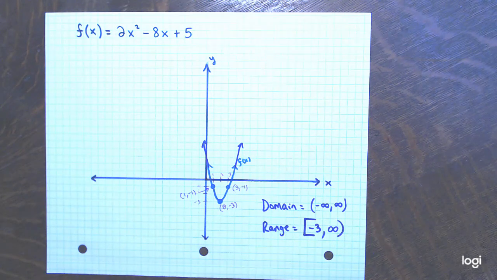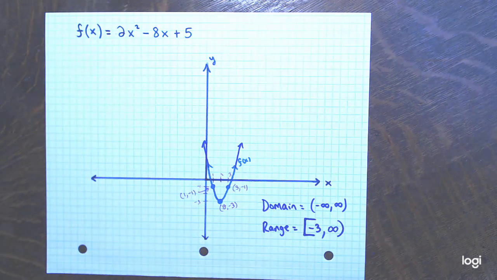And your transformations, right? If you start with one graph and you do something to the entire rule, you add something to the entire rule or multiply the whole rule by something, that's going to cause a vertical transformation. You're doing stuff to the y-coordinates.